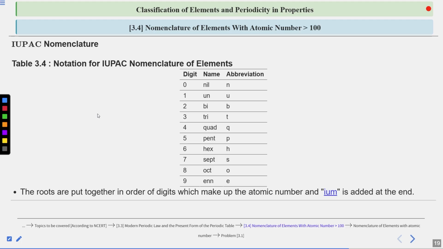Simply take their roots given here and put them in that order, and at last put ium at the end, and you will get your IUPAC name. Again, this is applied only to the elements with atomic number greater than 100, according to the nomenclature.